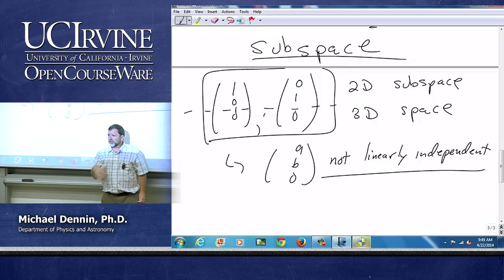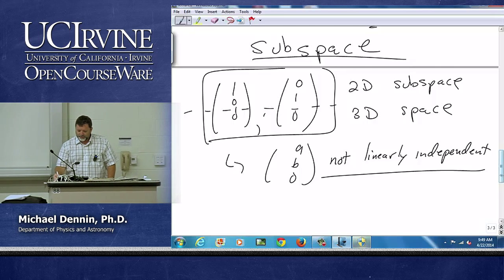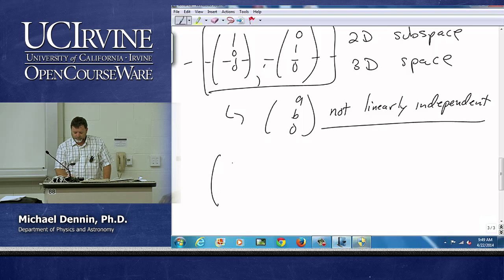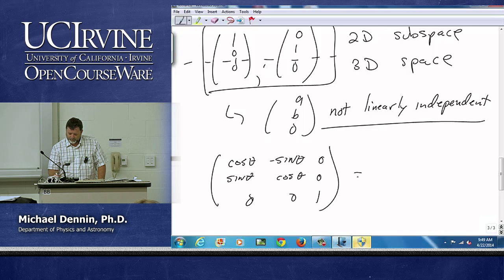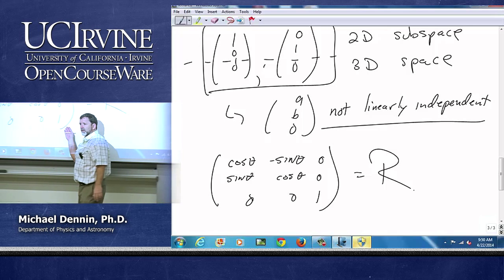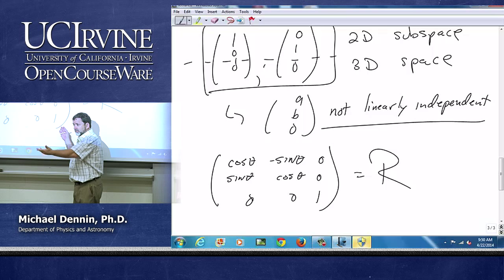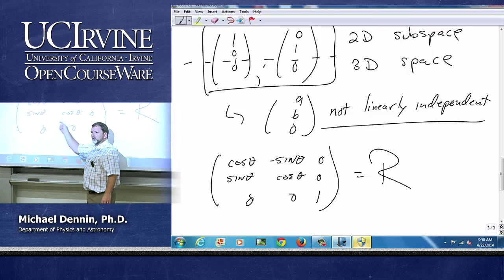But sometimes in physics we're interested in the subspace. The reason is that often you have an operator, like say this one. What do you think that operator does? It doesn't reflect. Rotates where?